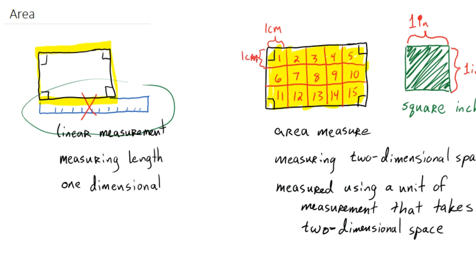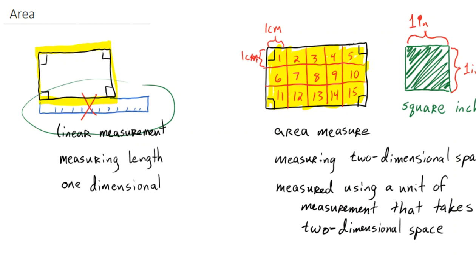And so the area of this figure is 15 square centimeters. So that's what we're doing when we're finding areas. We're figuring out whatever our unit of measurement is. It's going to be something that takes up space, two-dimensional space, and we're figuring out how many of those it would take to fill up the space in consideration.